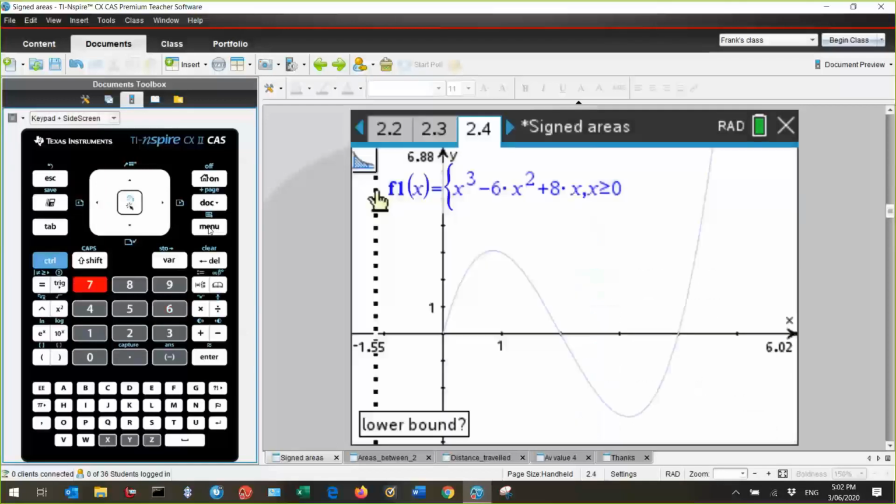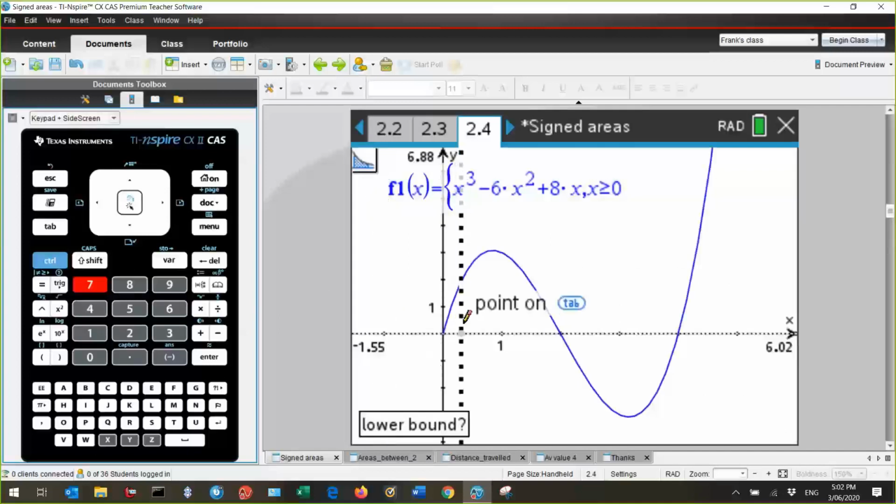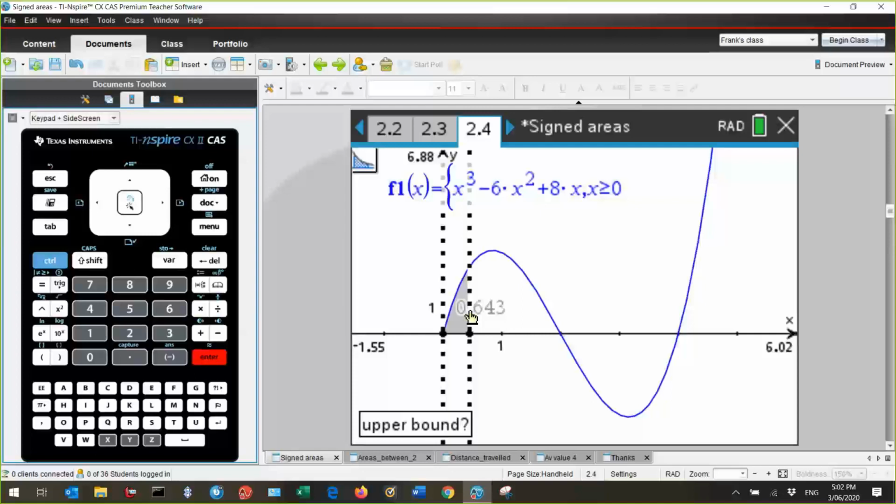For the lower bound, you can either click a spot or just type in a number. If I want to start from 0, I just hit the 0 button and the 0 appears in a text box, press enter, and it locks it in.